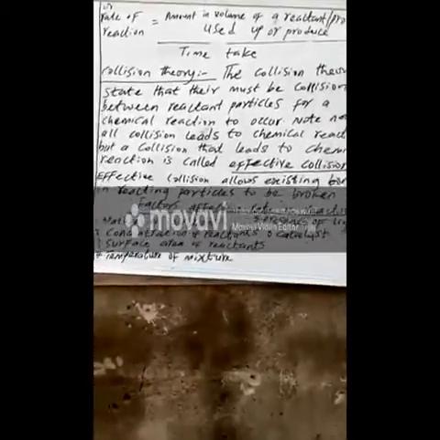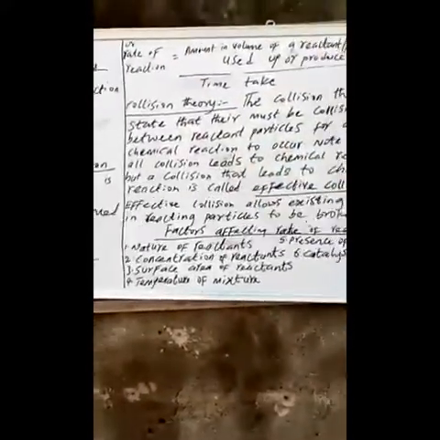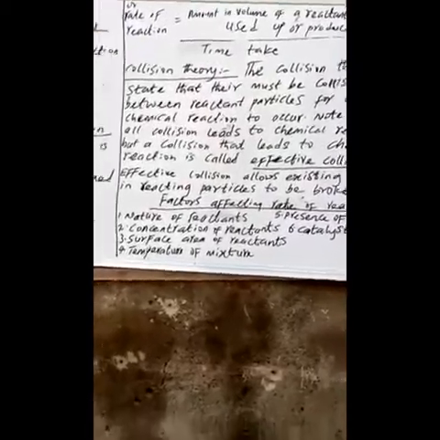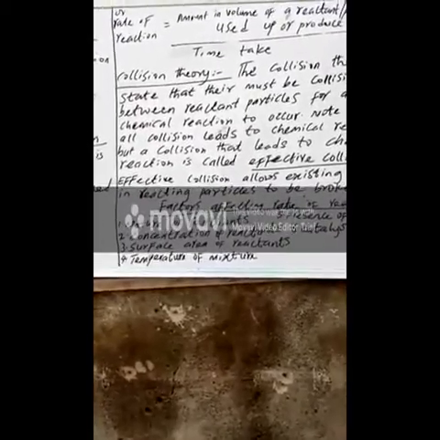So the existing bond in a particular reactant has to be broken before its elements can combine with elements of another reactant to give us a particular product. So that is the reason why there must be a collision, and not all collisions lead to chemical reaction, but the ones that lead to a chemical reaction are called effective collisions.